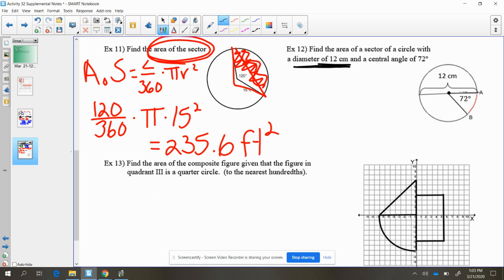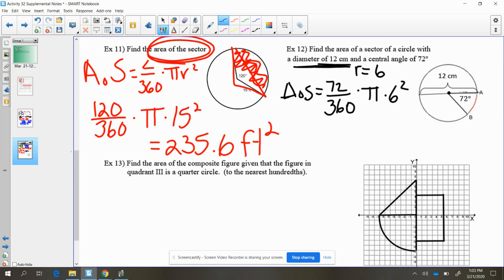And then in our second example, we have to be careful because notice they gave us the diameter. Again, the formula for area of a circle, area of a sector and a circle requires us to have that radius value. So while they gave us the diameter, we need to make sure we use the radius. And then the area of the sector is again going to be angle measure divided by 360 times pi times the radius squared.